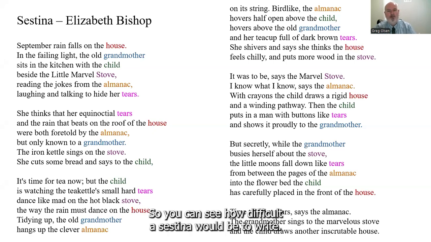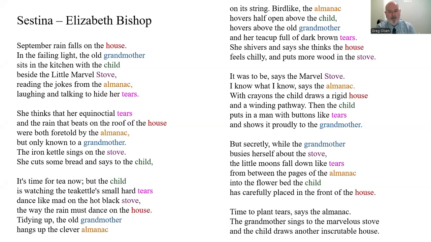So you can see how difficult a sestina would be to write, but we do get a good example of a sestina here. And then we see those six words also used in that final stanza, the final three lines here. We have tears, almanac, grandmother, stove, child, and house.